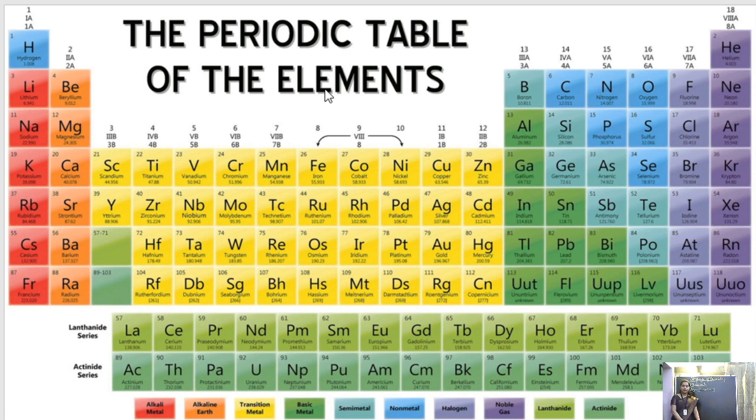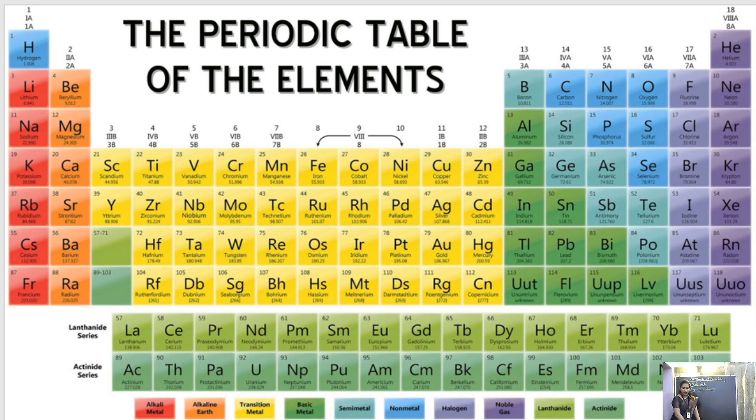So I hope everybody is aware of this periodic table. So children, this is the periodic table of the elements. There are 118 different elements arranged in this periodic table. Like we have hydrogen, we have oxygen, we have lithium, isn't it?